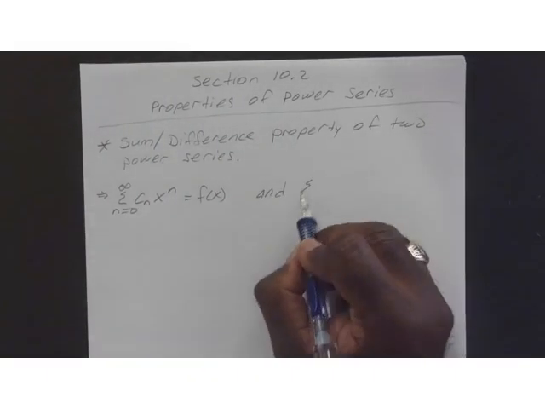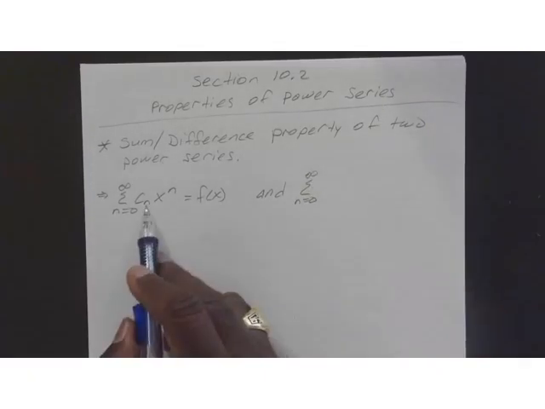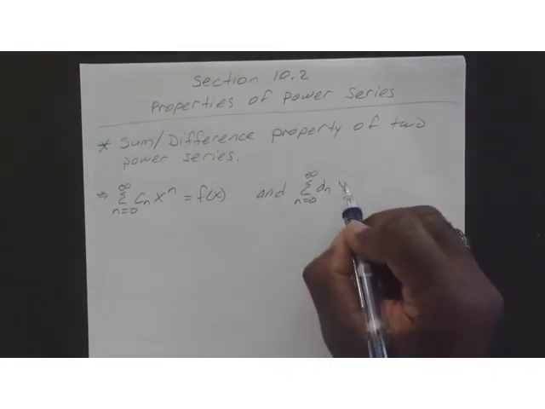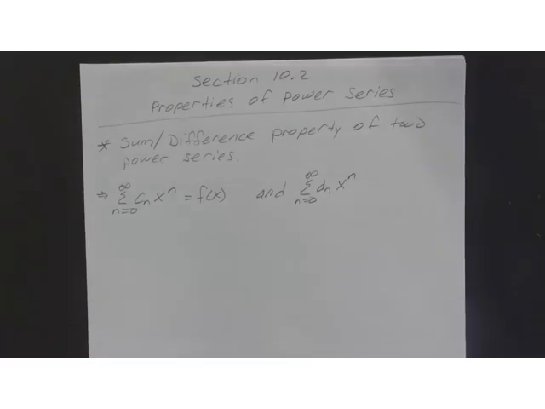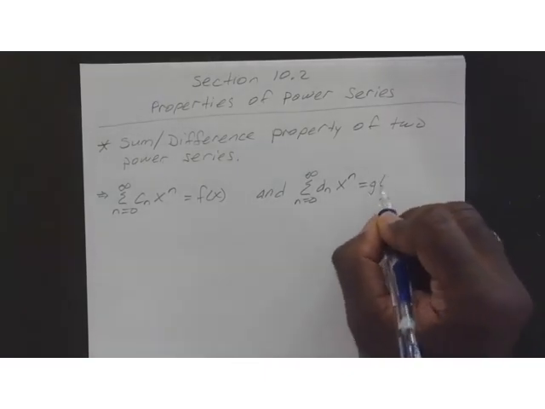And what if we have another power series, but we'll call the coefficient d sub n times x to the power of n. Let's say that equals some function g of x.